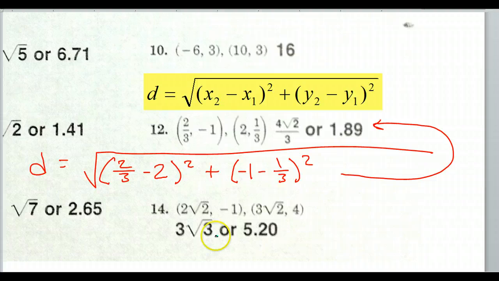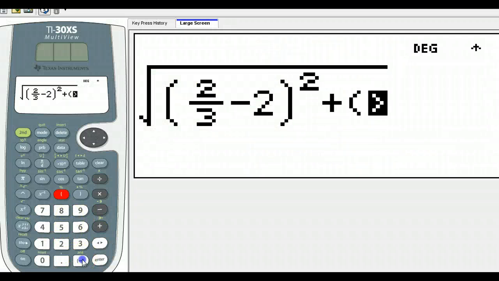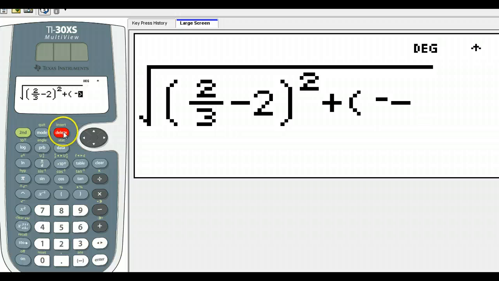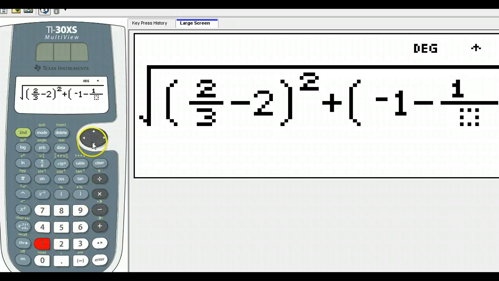And what was the other one again? -1 minus 1/3. Whoops, I missed something. -1 minus 1/3.